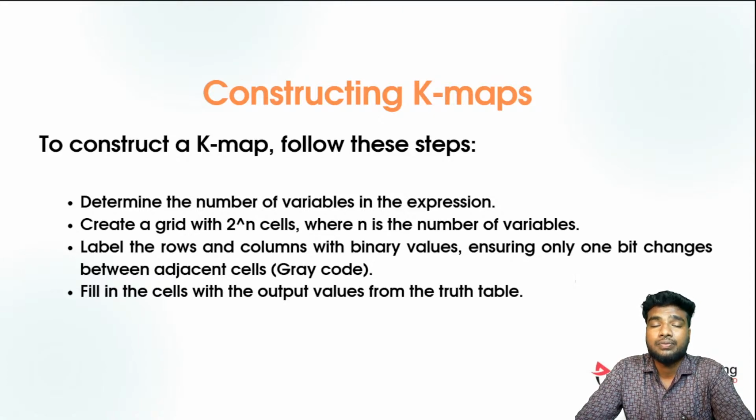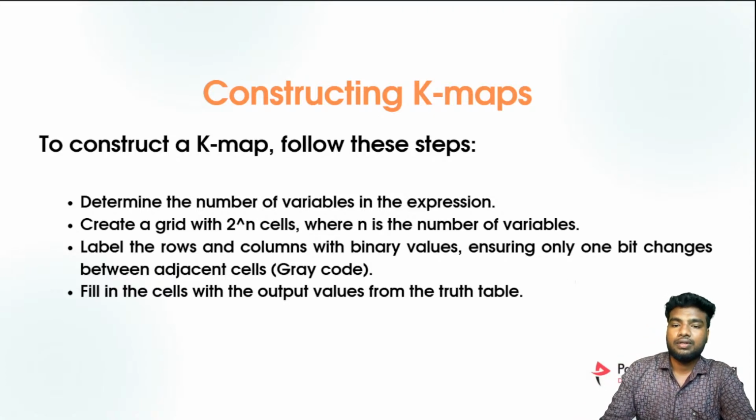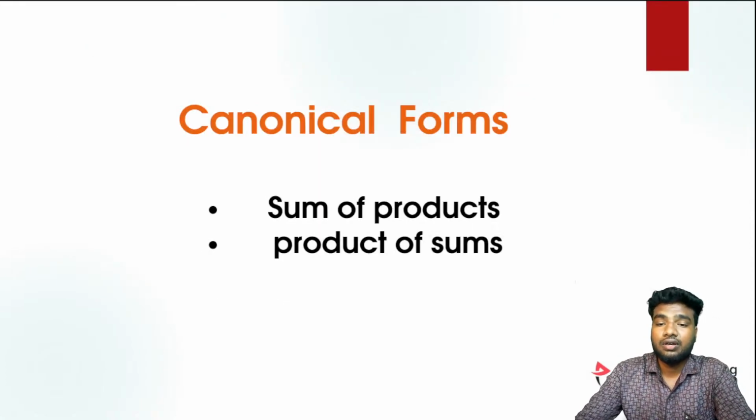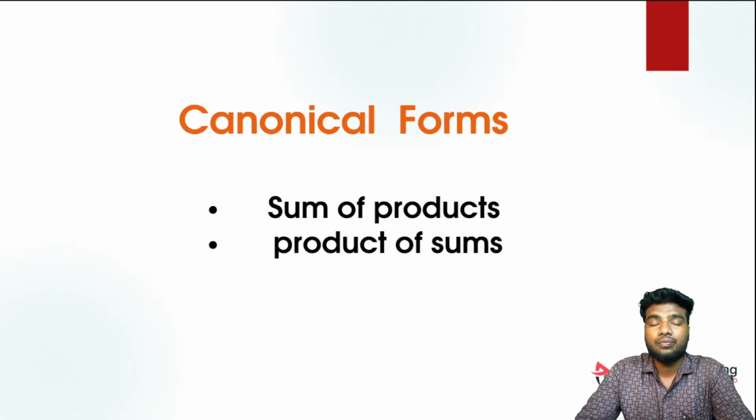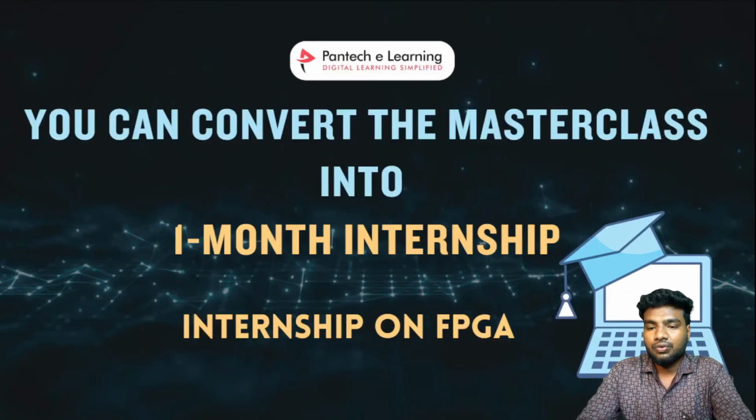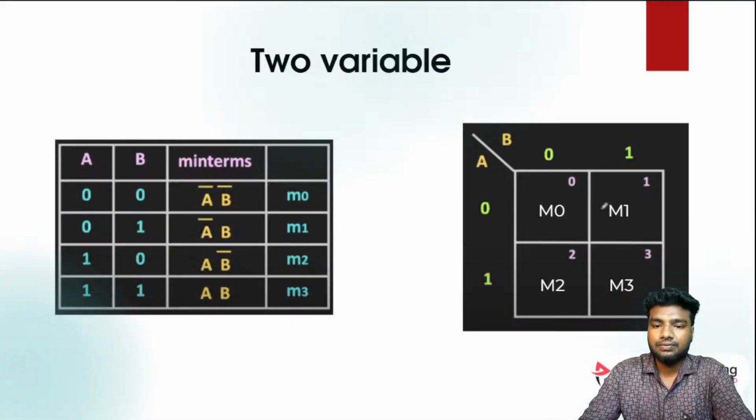Let's see what min terms are. It has 2 rows and 4 columns to make the 2D grid for three variables. Before that, you must know about the canonical forms of K-map: sum of products and product of sums. Let's see what that is.